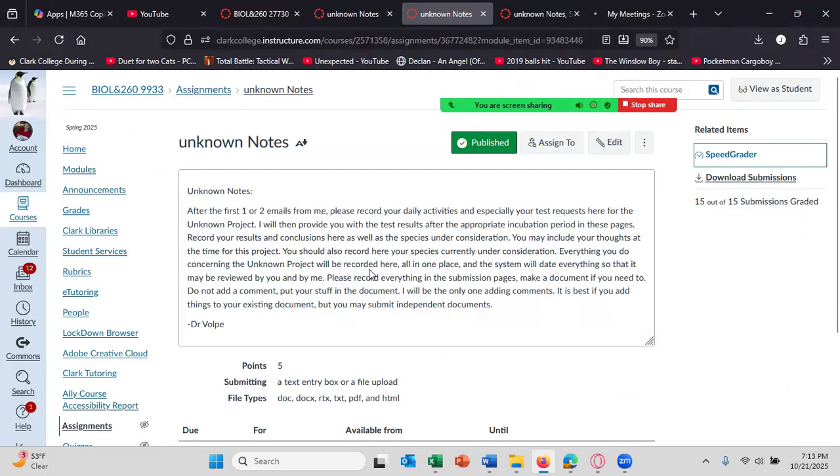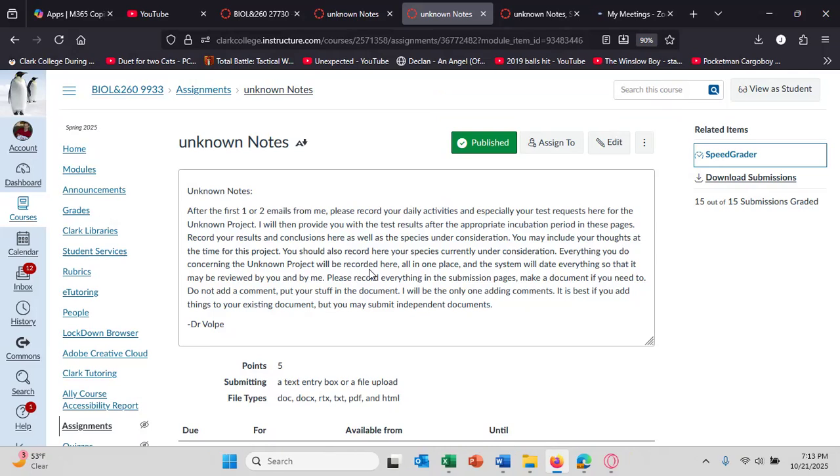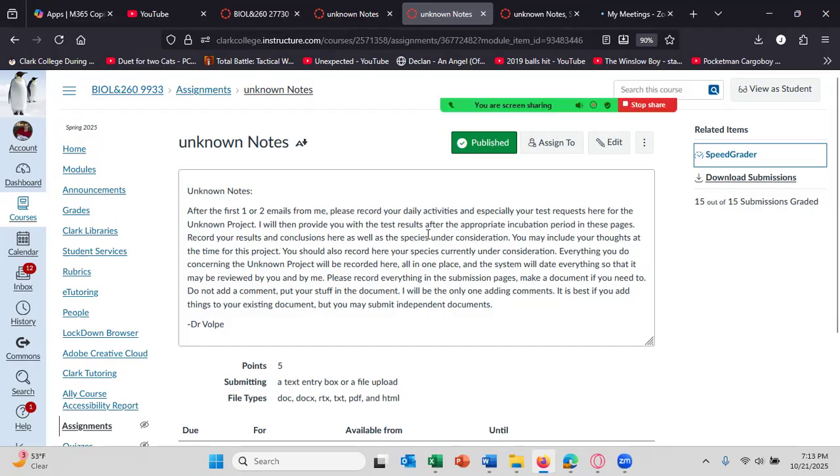And you should put up your results and conclusions for the first three tests I send you, as well as the dates that the tests were started, in your unknown notes pages. And then you should also put the species under consideration in your unknown notes page. You may include your thoughts on the time for this project.